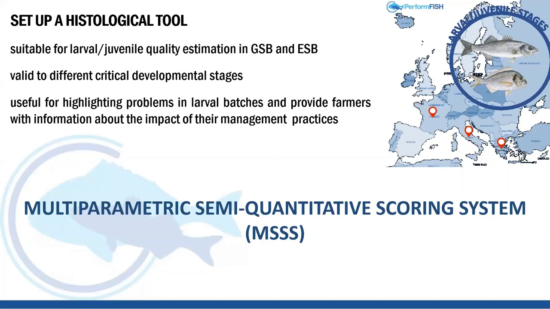Second, identify which descriptors and values deriving from that system can be exploited as larval and juvenile quality hallmarks.